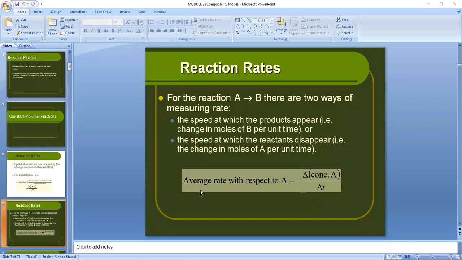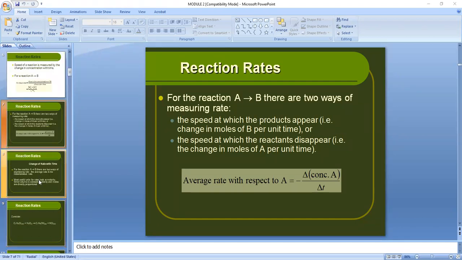It's because of the term average. You don't answer a negative value for an average. So your answer should be positive. That's the purpose of the negative here. Because your concentration for A drops over time, the difference will be negative. Okay? So we move on.